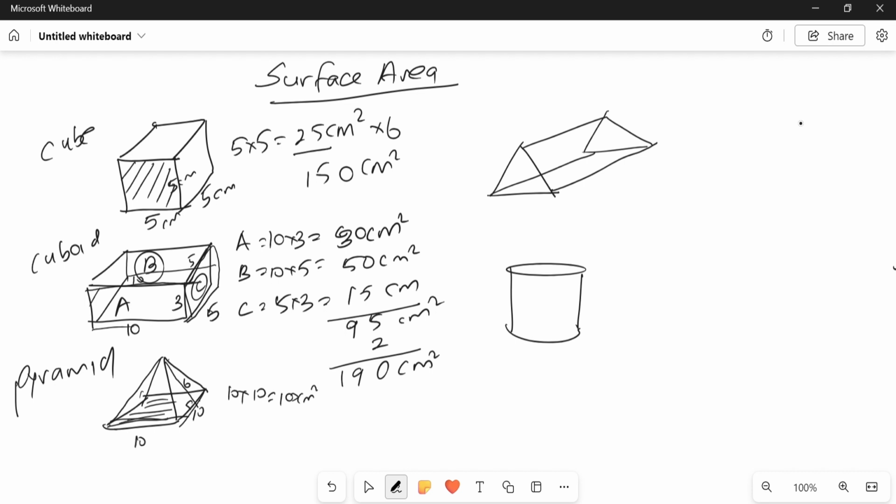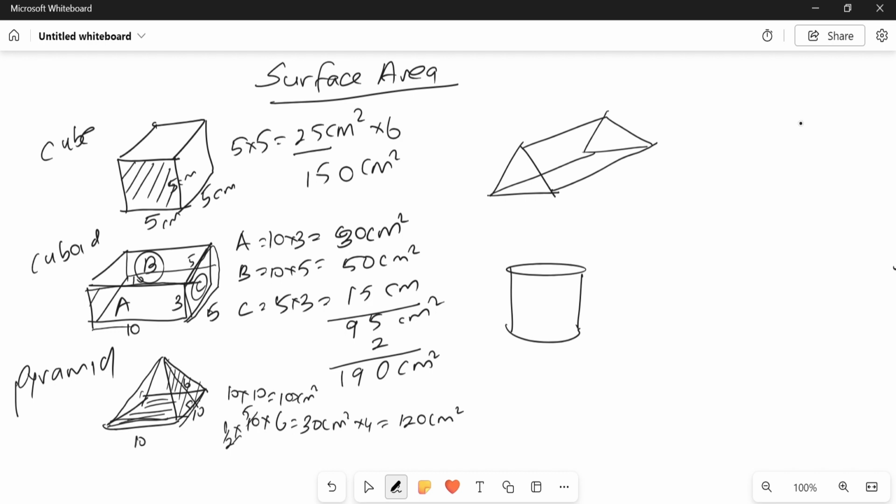So if you find the area of the triangle, for example, this triangle which I am shading, half into base into height, that is 30 centimeters squared. But we must know there are 4 faces like this triangle. So into 4, 120 centimeters squared.